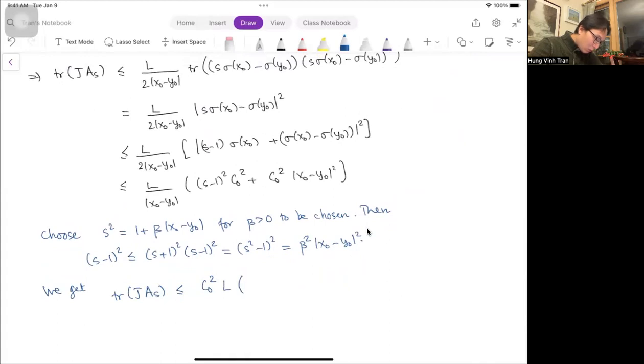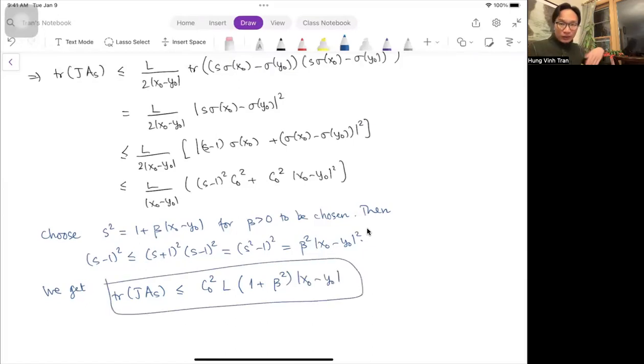Okay. 1 plus beta square times |x naught minus y naught|, because one of the x naught minus y naught cancels out with the denominator. Okay, so this is all what we get. And this is really important, that we have been able to control the trace from the Crandall-Ishii lemma. Okay, that's the first thing.